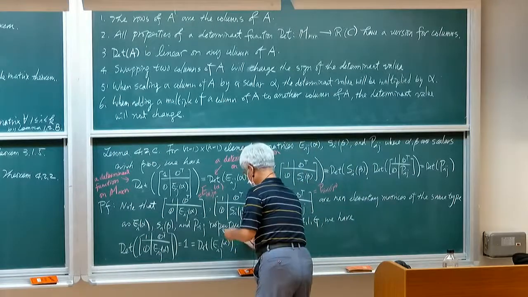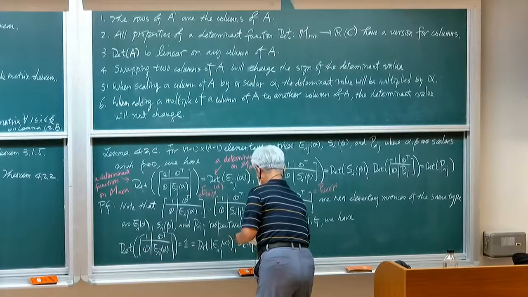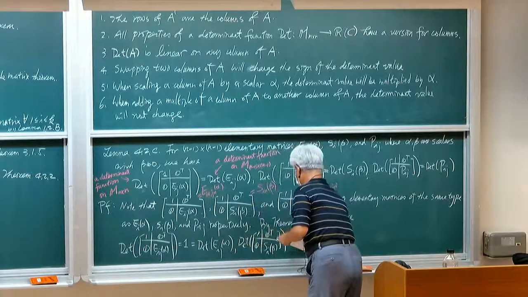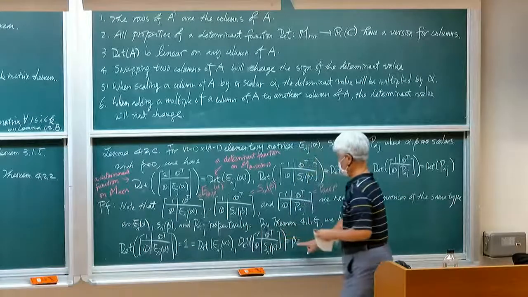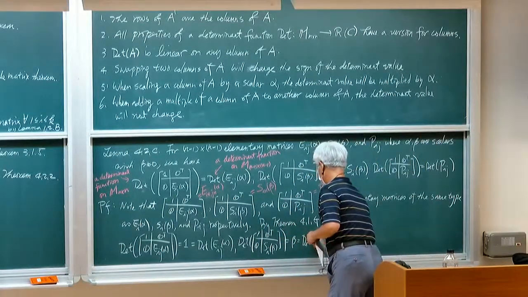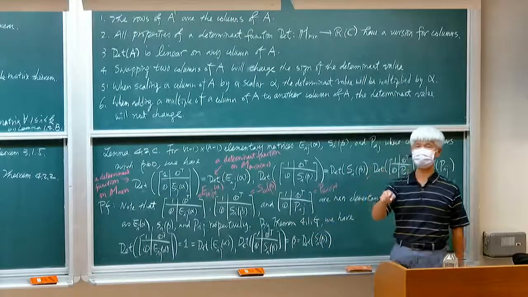How about the scaling? The scaling, which is beta, the value is equal to beta, the same as the determinant of S_i(beta). So they are equal because they have the same value beta.